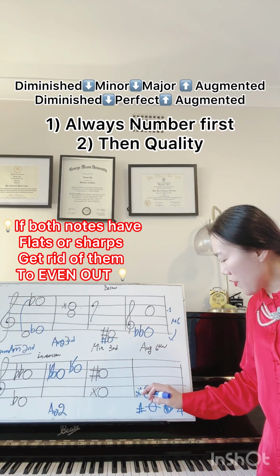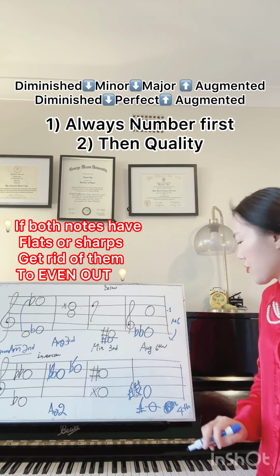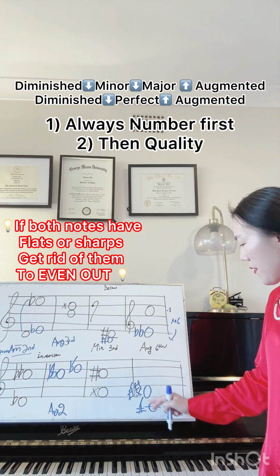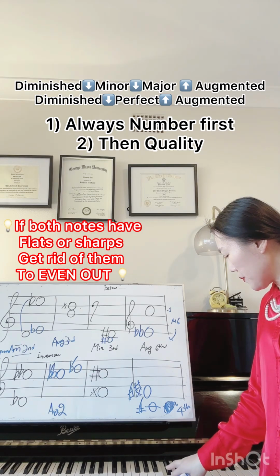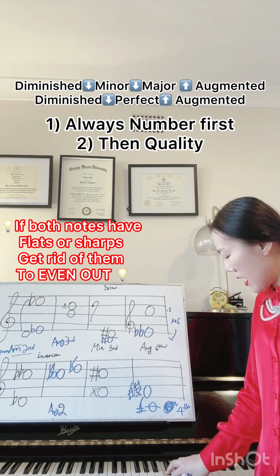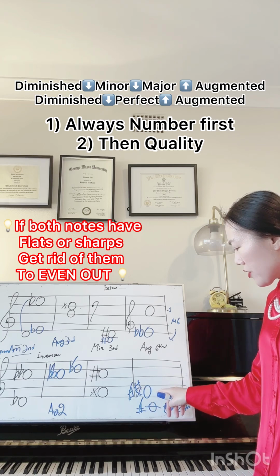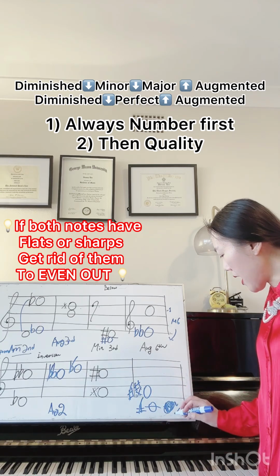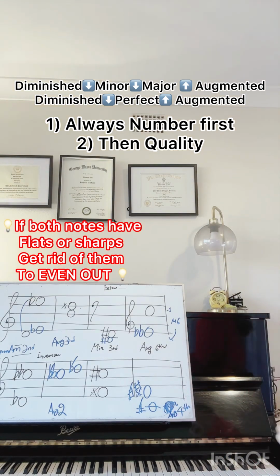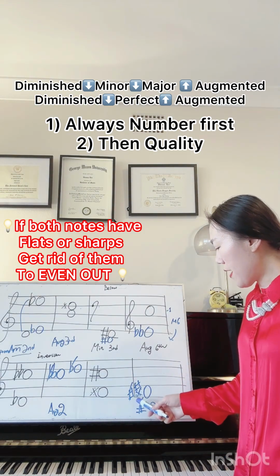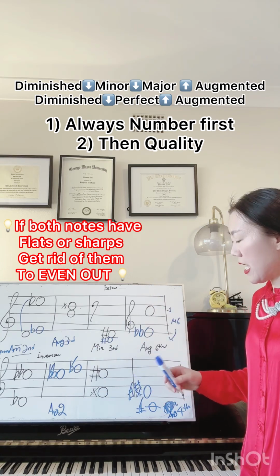They both have a sharp, so I'm going to get rid of one sharp for each note. So you end up having one sharp on the highest note F. Without the sharp, that would be a perfect 4th, but the highest note is raised by a semitone, so that becomes an augmented 4th. When you see they both have sharps or they both have flats, you can get rid of them to even out.